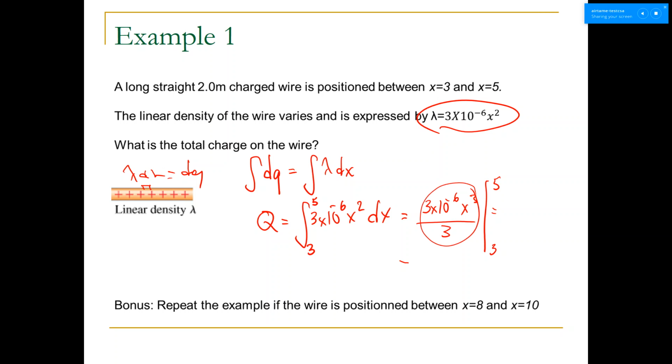I find f of b, in this case b is 5, minus f of a, in this case a is 3. So it'd be 3 times 10 to the minus 6 times 5 cubed over 3 minus 3 times 10 to the negative 6 times 3 cubed over 3. You have to give me a number.